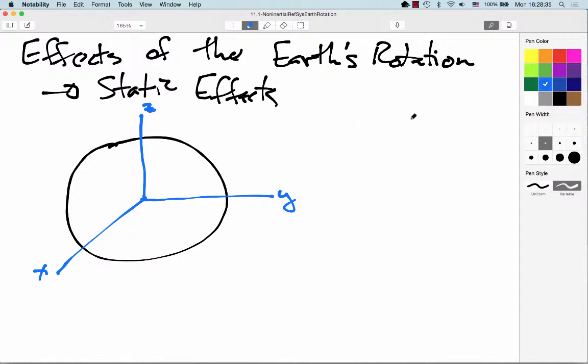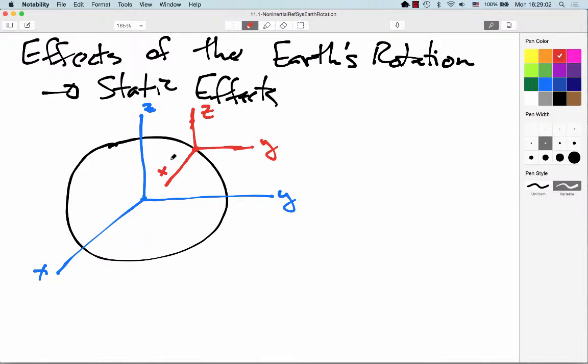We instead will do our observations from some point on the surface of the Earth. And of course, this point on the surface of the Earth is rotating, but there's our proposed coordinate system for the moment. X, Y, Z, like that.